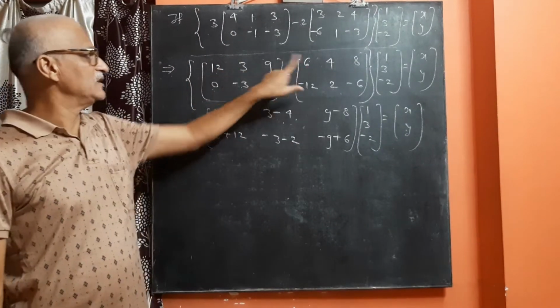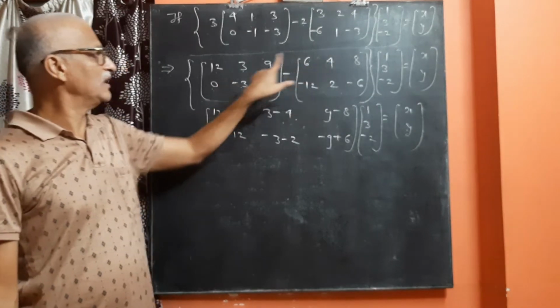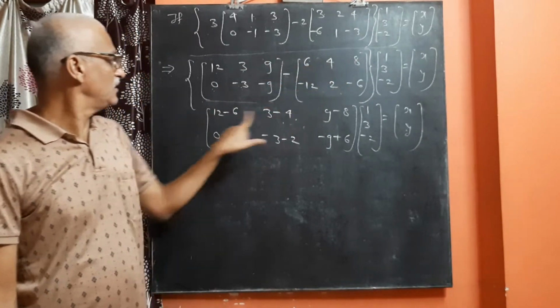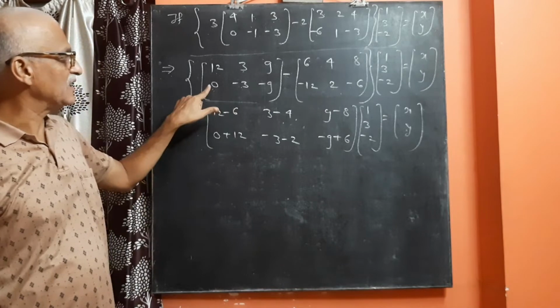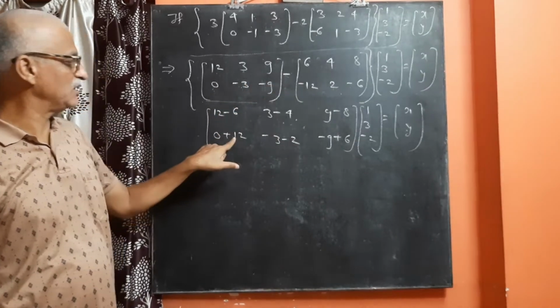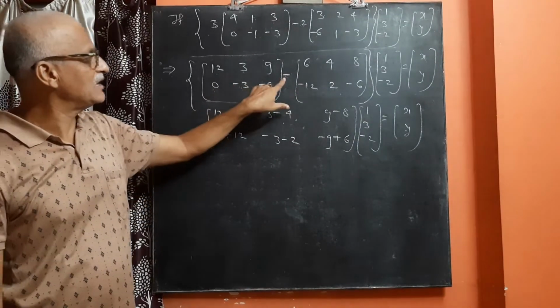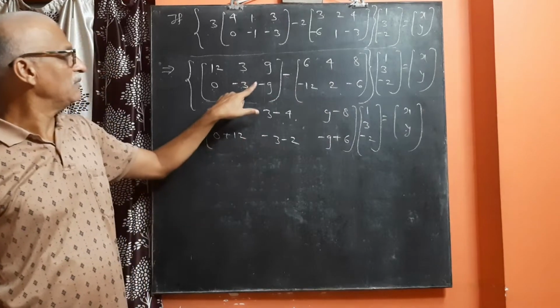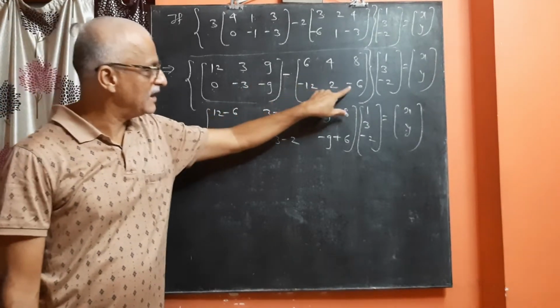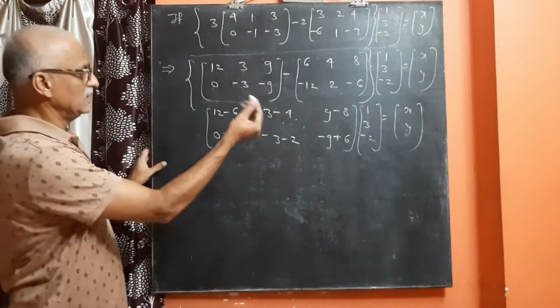This element minus this one, this minus this one, 9 minus 8, ये हो गया आपका फर्स्ट रो. सेकेंड रो 0 माइनस ऑफ माइनस दैट इज प्लस 12, माइनस 3 माइनस 2, माइनस 9 माइनस ऑफ माइनस दैट इज प्लस 6. Let us simplify it.